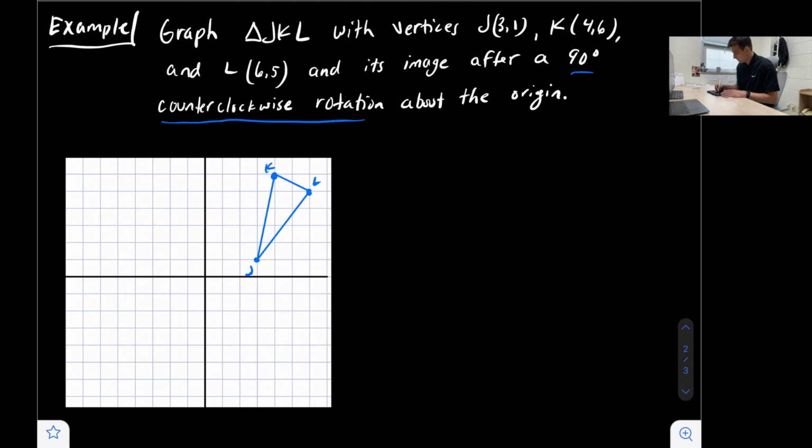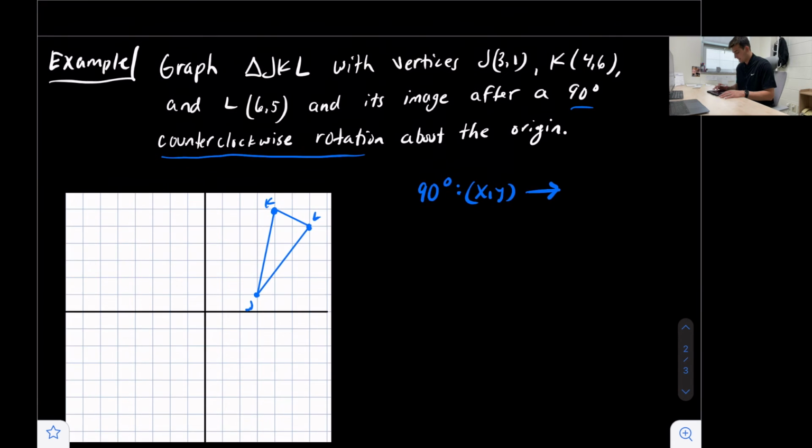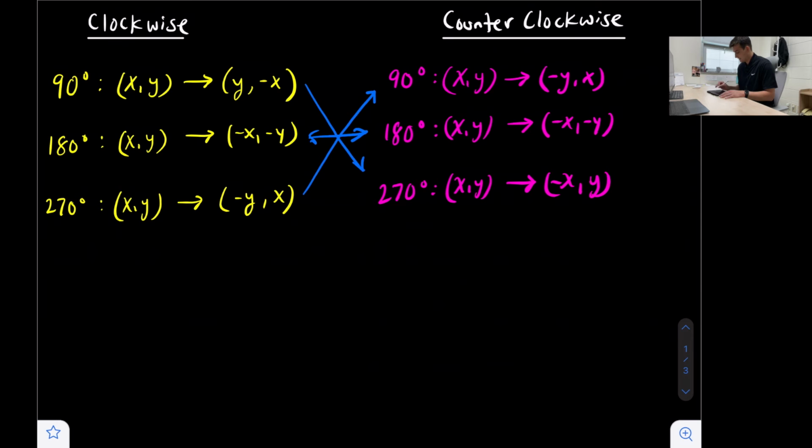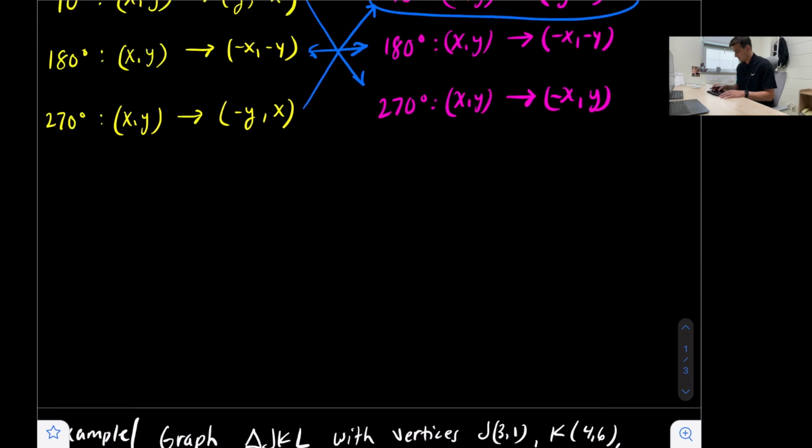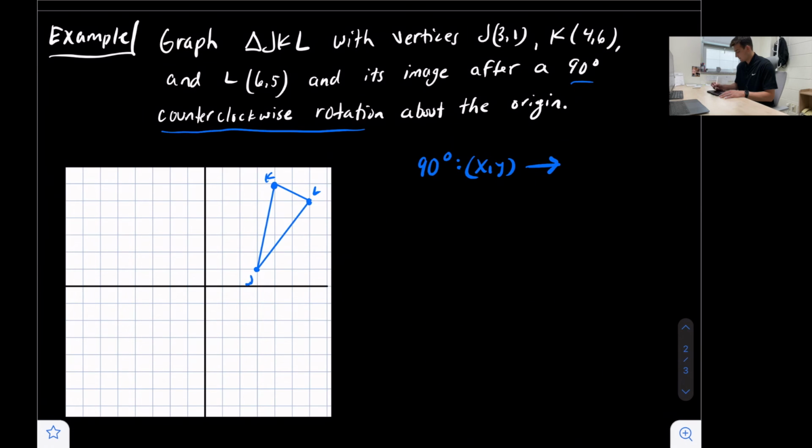And so now we want to do a 90 degree counterclockwise rotation. Okay, so we can make this note to help us know what our coordinates are going to do. So if we go back up, we're going to say counterclockwise 90 degree, right? So this is what we want to reference. We want to make y opposite and then switch our coordinates. So we're going to look at J, which was (3, 1).